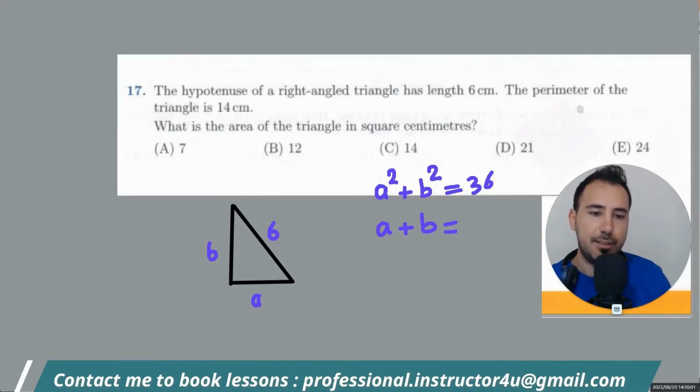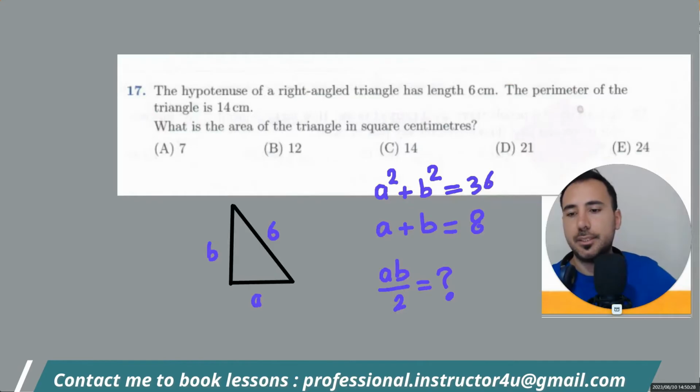The weird thing about it is that if you try to find A and B, they will not be integers, so if you try to guess them, it's impossible. You just have to know that what we really are looking for is half of AB. We're not trying to find A and B. This is what we really are trying to do.